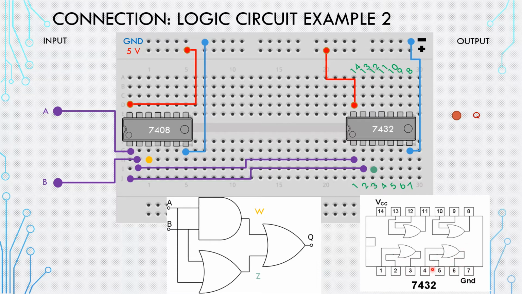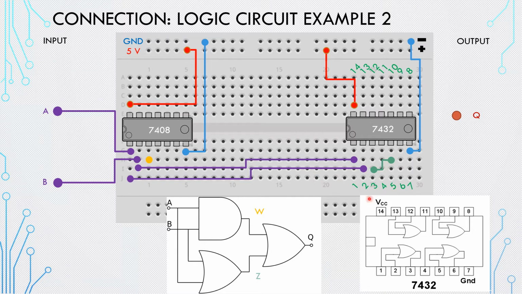So let's say that I use 4 5 6. So I connected the Z, the output from OR, to 5. It doesn't matter 5 or 4, the order doesn't matter, but you can follow what you need.